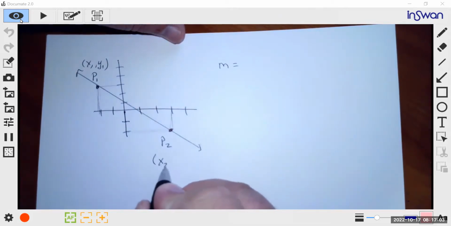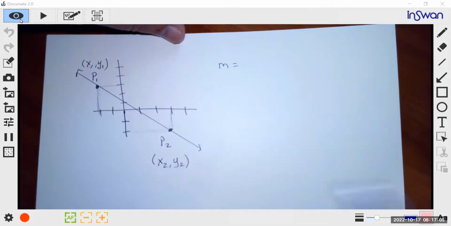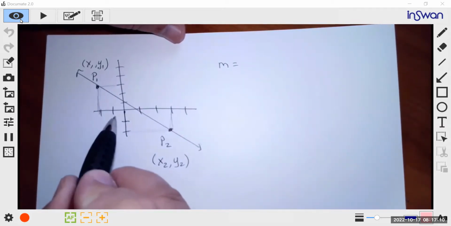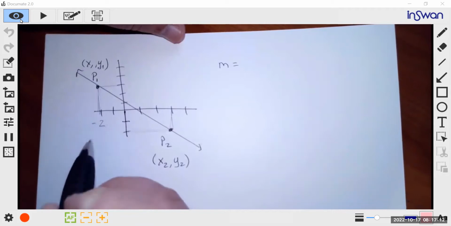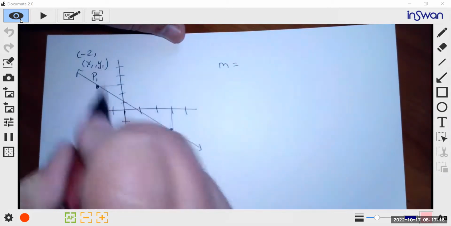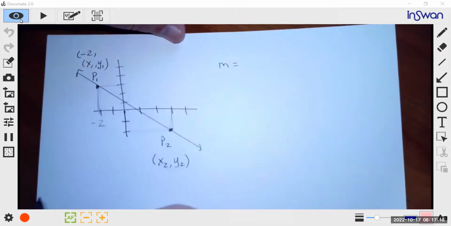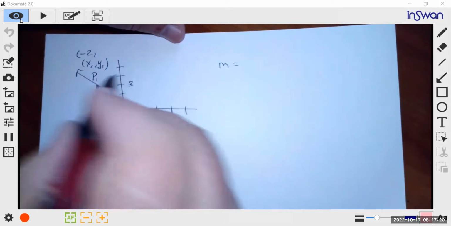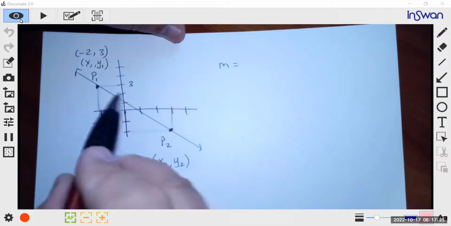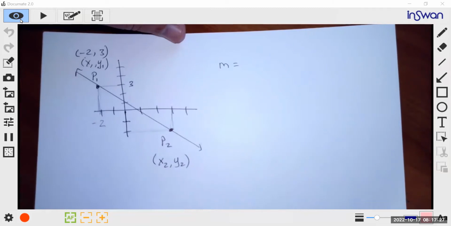Point 2 is made up of x2, y2. So what is x1? What's the x value of the first point? -2. And the y1, the y value, is 3. So that location is -2, 3.